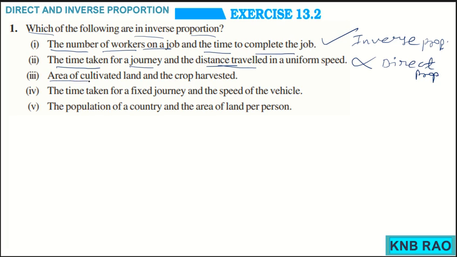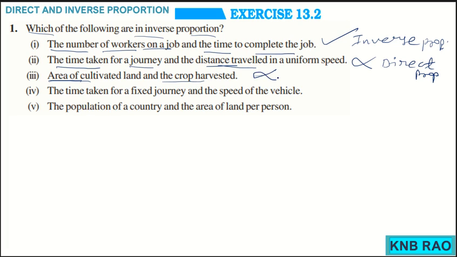Next, area of a cultivated land and the crop harvested. More the land you have, more the crop that you can harvest, and more crop harvested means you must have more area. So, this is also not inverse variation because both are increasing together or decreasing together.